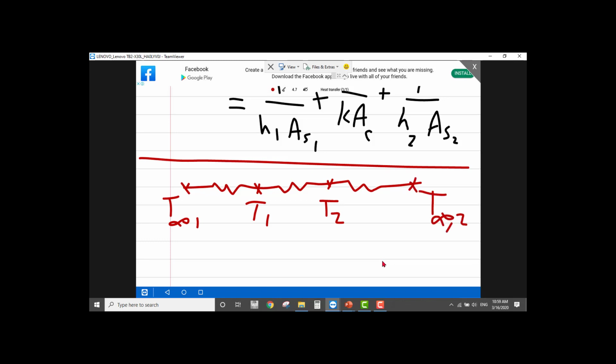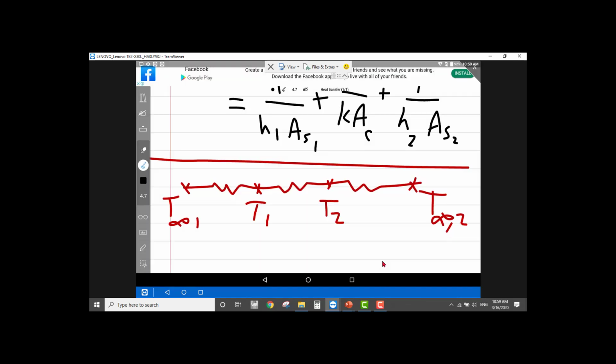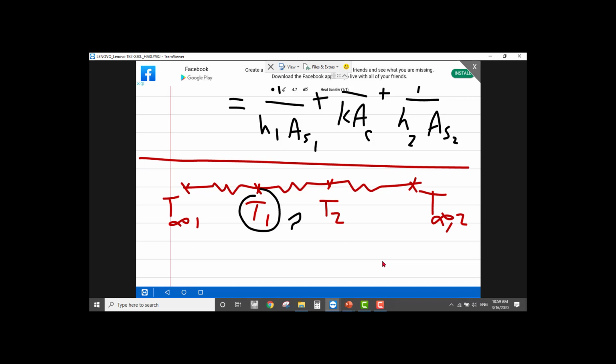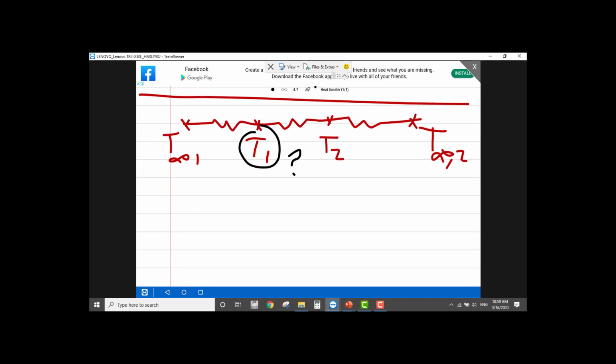And sometimes the question asks to find T1. T1 is unknown. So what to do in this scenario? We will say that Q is known because we calculated it from UA delta T or from delta T over R total.